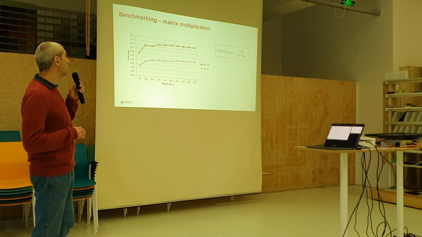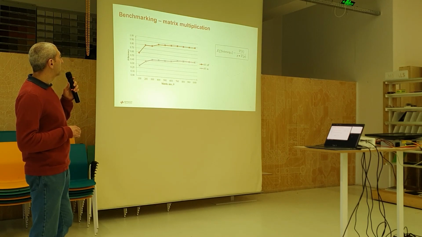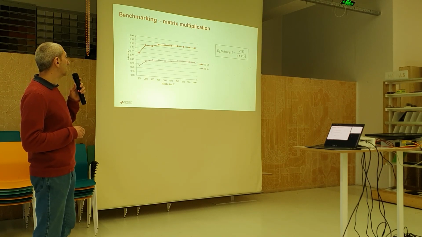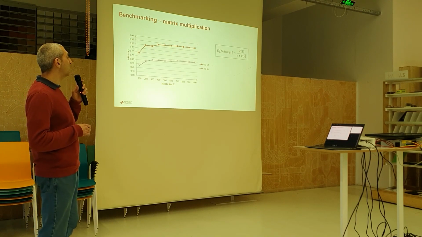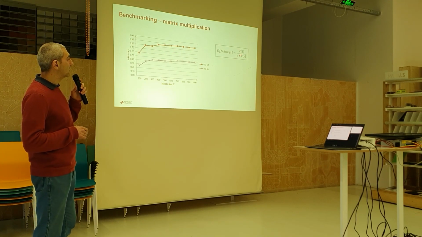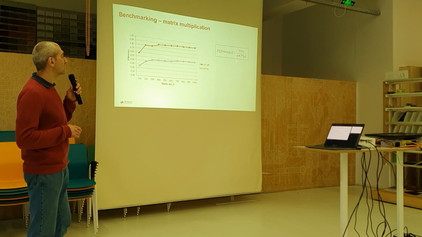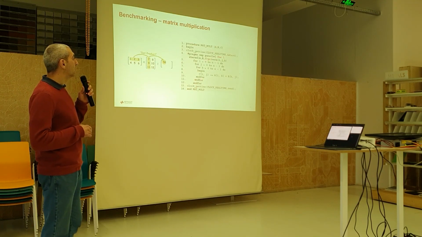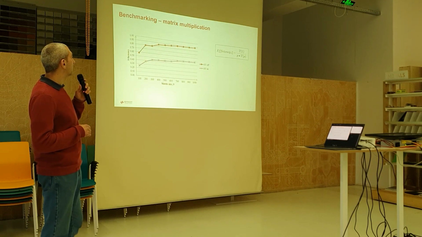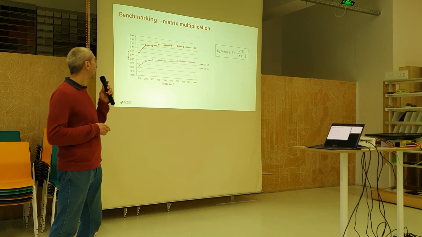Hyperthreading on the efficiency is quite half, because the efficiency is the speedup divided by the number of processors. So our program runs in parallel, but the efficiency is half.